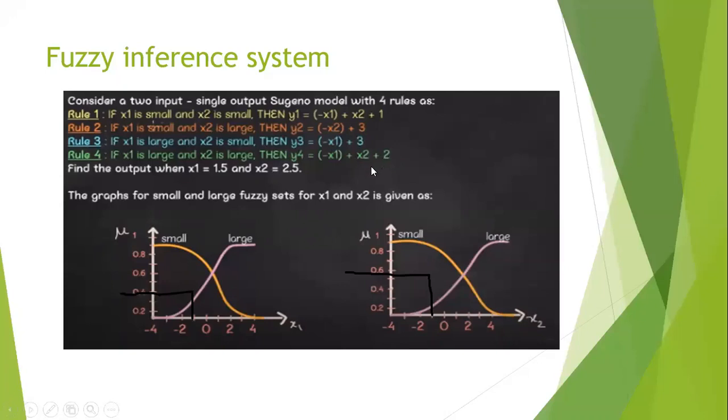You will get 2.5 plus 2 minus 1.5, you will get 3. Okay, here you will get 3. So you got y1, y2, y3, y4 values.